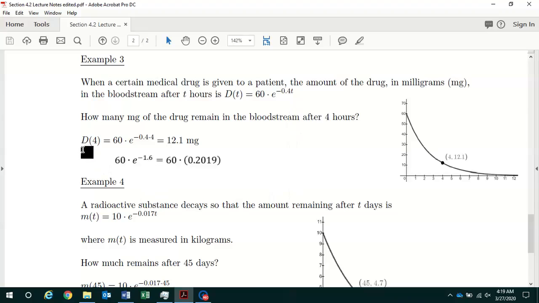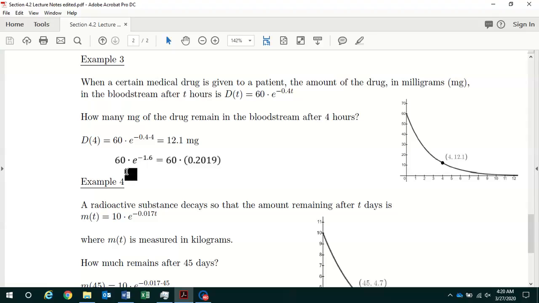And when we do that, we have D of 4 is equal to 60 times e to the minus 0.4 times 4 power. Well, in the exponent, minus 0.4 times 4 is equal to minus 1.6. So this simplifies to 60 times e to the minus 1.6 power. And now you've got to follow the order of operations, PEMDAS, right?